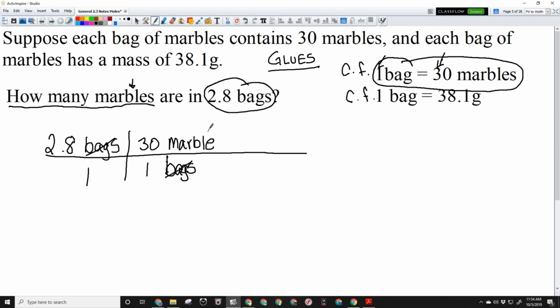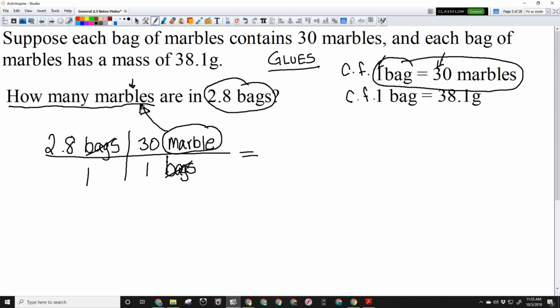Then the unit that we have left is the unit we want to check to see if we're in our answer. So are we there yet? The answer is yes, because we want marbles, and the unit we have left that we didn't cancel out is marbles. So we are at the unit we want. So now we're just going to do the math. So 2.8 times 30.